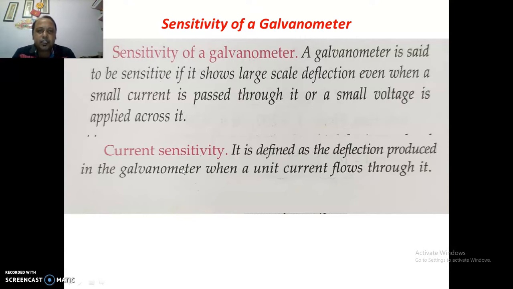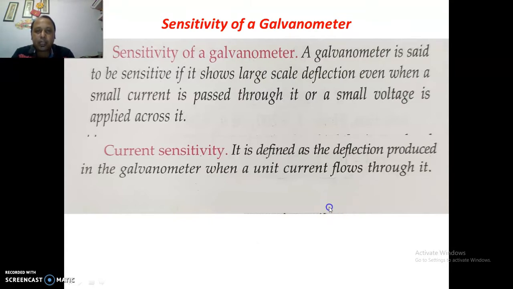By current sensitivity, we mean the deflection produced in the galvanometer when a unit current flows through it, that is, the deflection or the twist per unit current. In the previous video, we mentioned that the angle by which the galvanometer coil rotates is given by alpha.